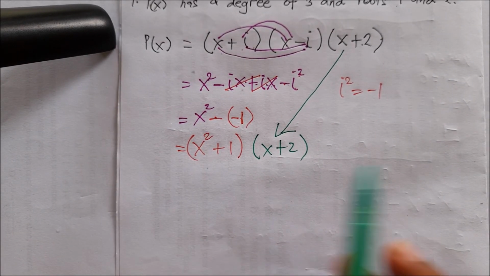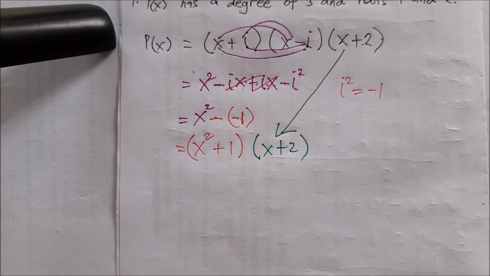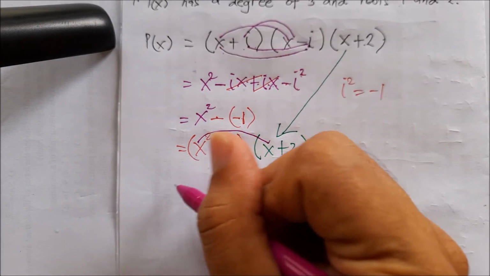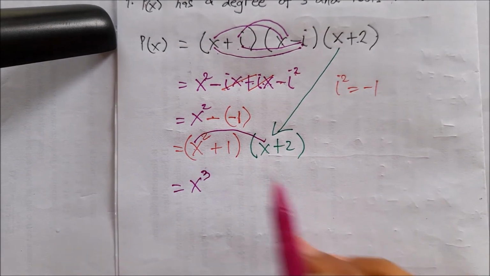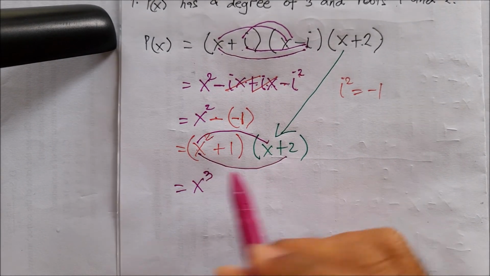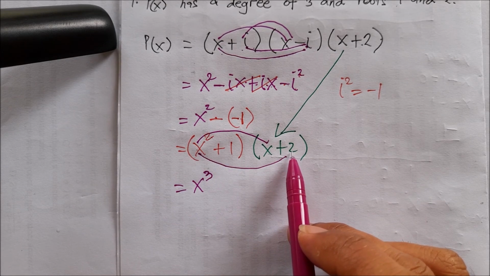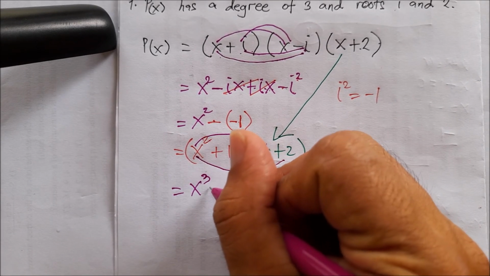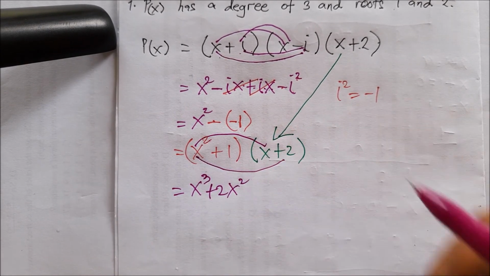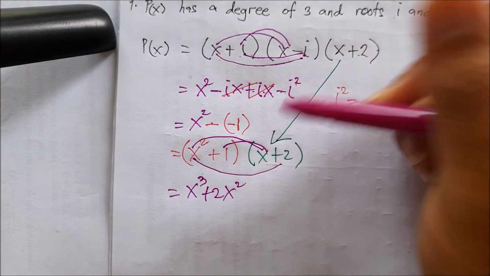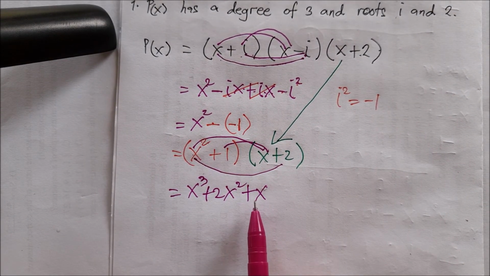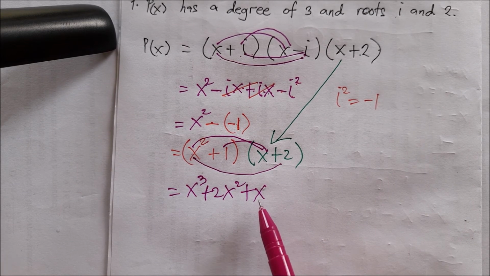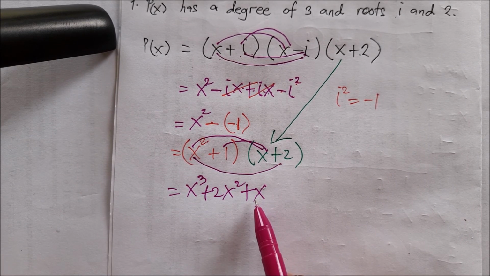Then apply the FOIL method: first, outer, inner, and last. First, x squared times x, x cubed. The outer, x squared times 2, plus 2x squared. Inner, 1 times x, plus x. No coefficient 1 is written because it already has an implied 1. All variables have an implied 1.